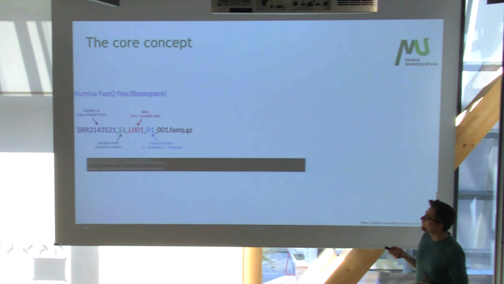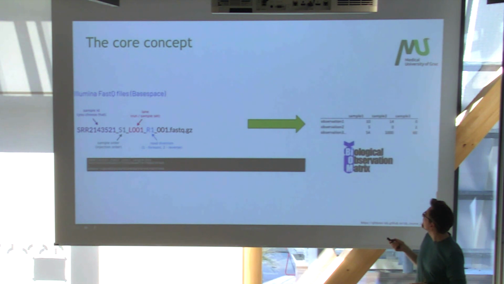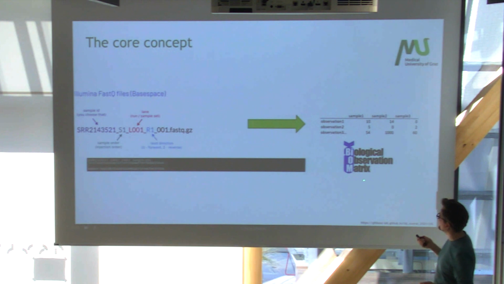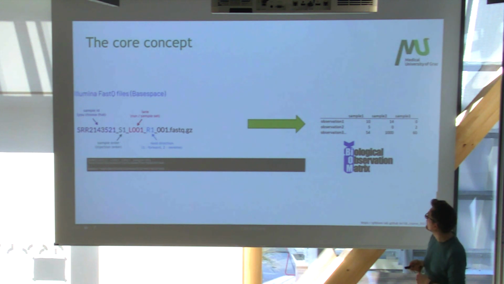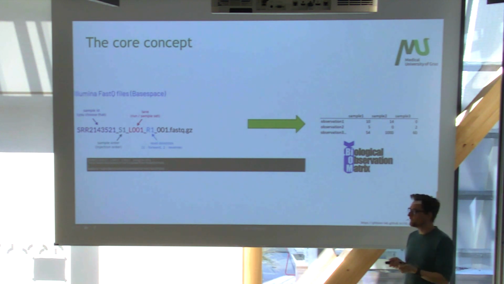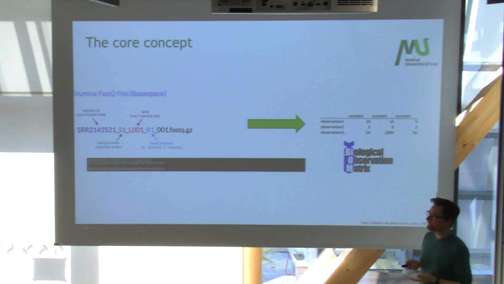A typical file format is FASTQ files. That means we have a DNA sequence and the quality information from the sequencer. Then we want to transform this into a so-called observation per sample matrix, or a biom table, biological observation matrix. These observations, in our case, are in most cases different names for microorganisms, or different genomes, or different functions, or it can also be different metabolites, for instance.